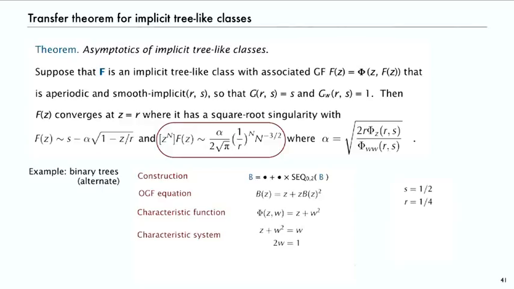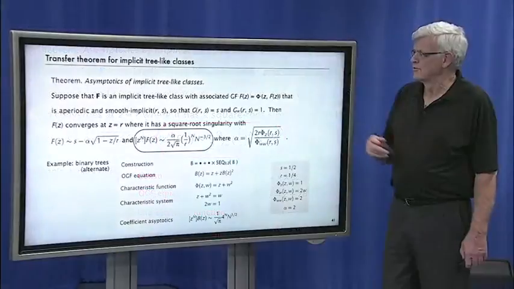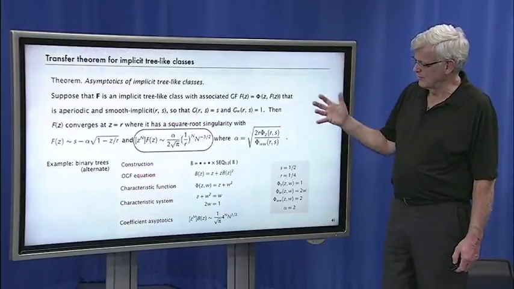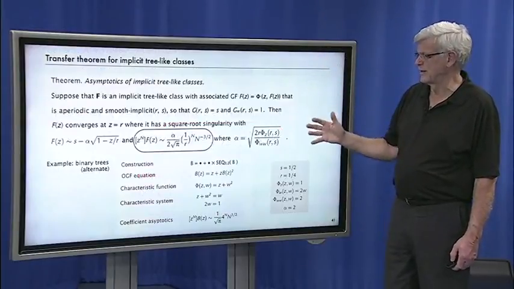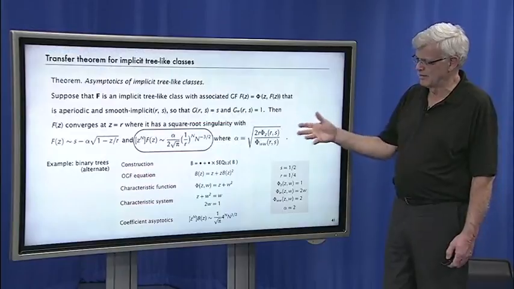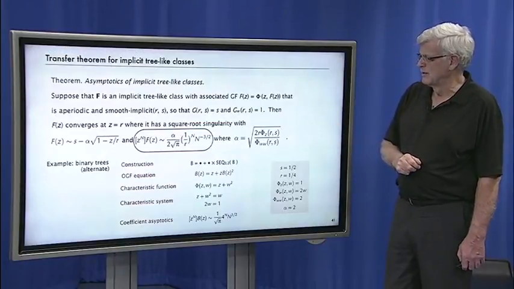There's the system. Then s equals a half, r equals a quarter. Then we can compute the derivatives in alpha and immediately get out the coefficient asymptotics just as before. So that's a transfer theorem for implicit tree-like classes, and binary trees is a simple example.